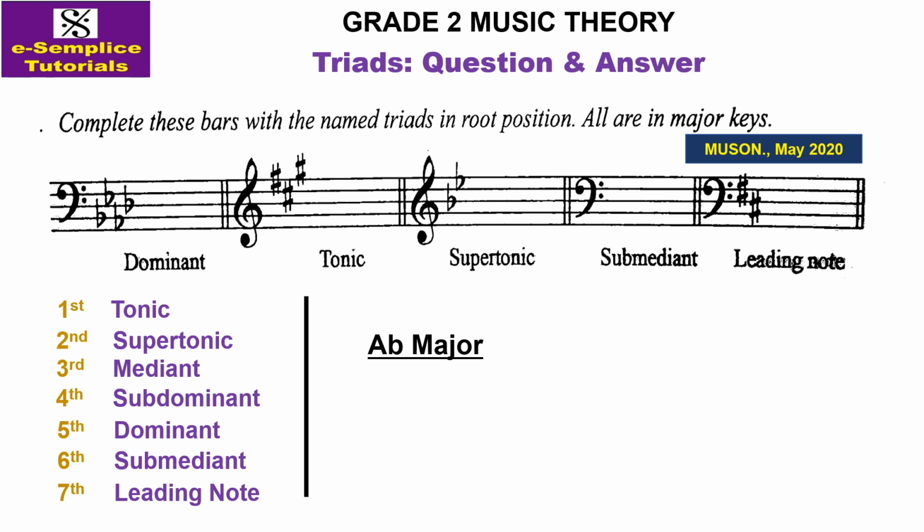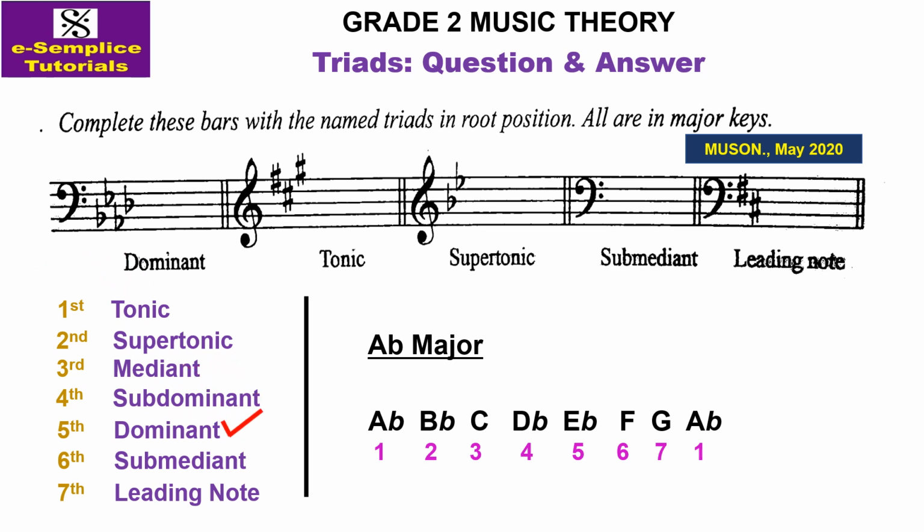Let's go through the normal process. Write out the notes in the scale, add the degree of each of the notes. We are looking for the dominant triad. Remember, triads can be built on any degree of the scale.